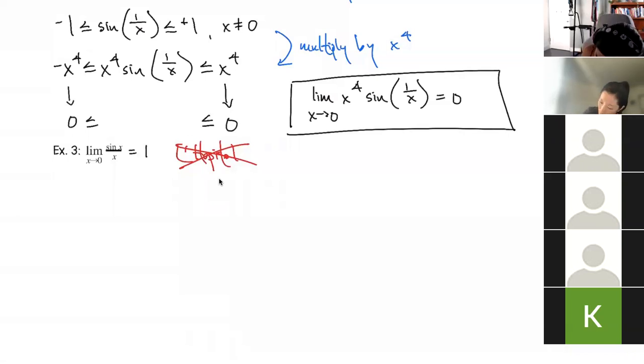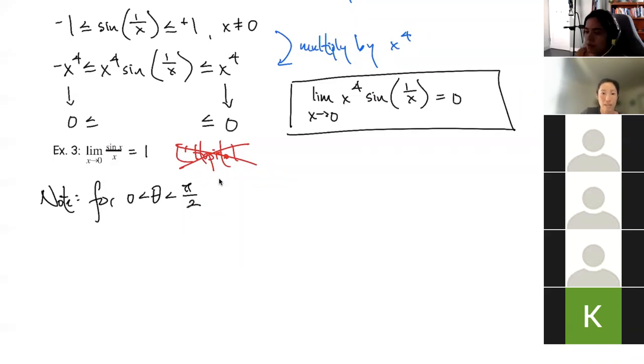I just want to make a little note before we begin, and that is for any angle, let's call our angle theta, that is between 0 and pi over 2, lots of radians here, one thing that's always true is that that angle is going to be bigger than its sine value, but it's going to be smaller than its tangent value.